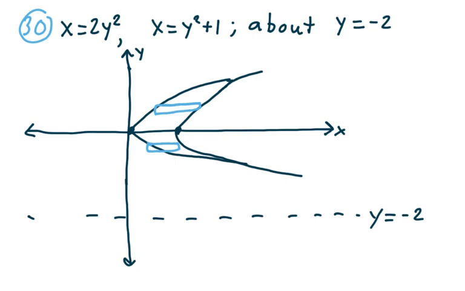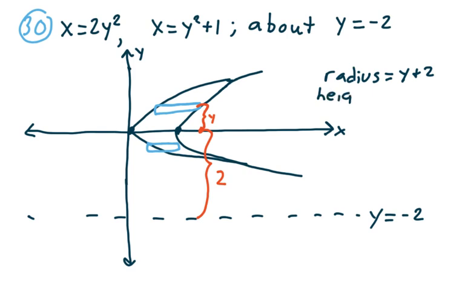The distance from that rectangle down to the x-axis is y. And the distance from the x-axis to the line y equals -2 is 2. So I'm going to make the argument that the radius is y plus 2.